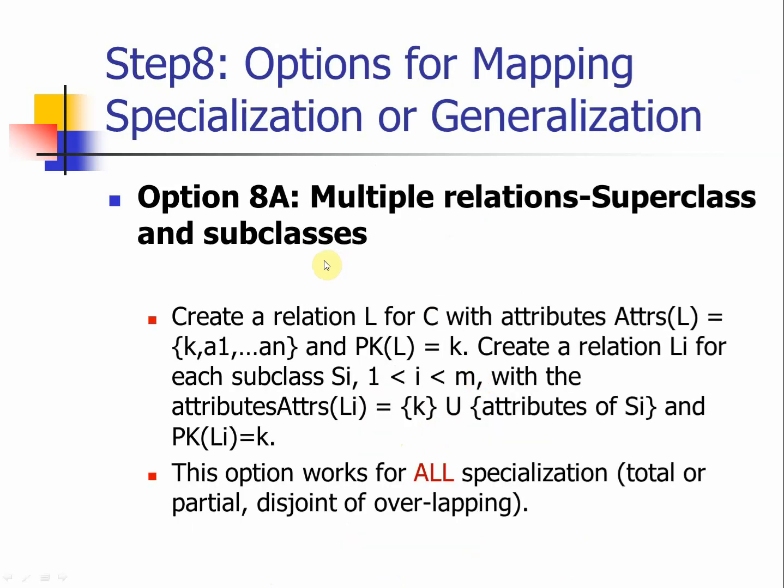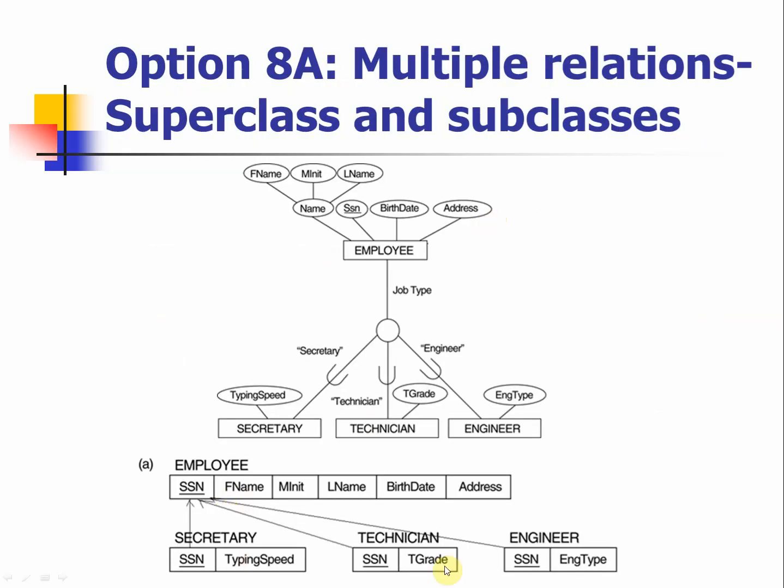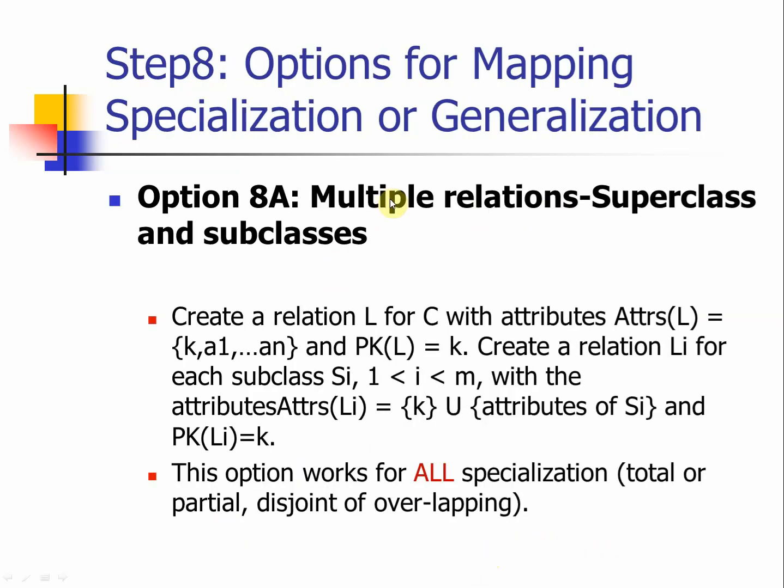So option 8A is going to create multiple relations. You can see that we end up with 1, 2, 3, 4 relations, including the superclass and subclasses. So what you try to do is create a relation L for C with attributes, including those in the subclasses, and PK equals K. Create a relation Li for each subclass.